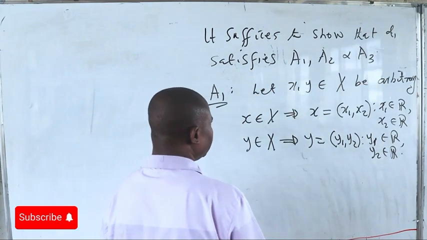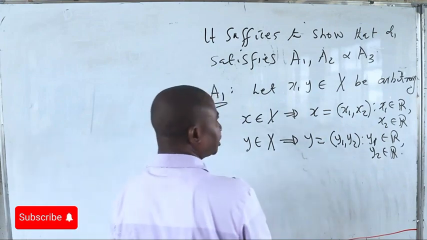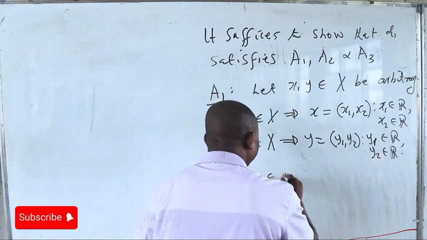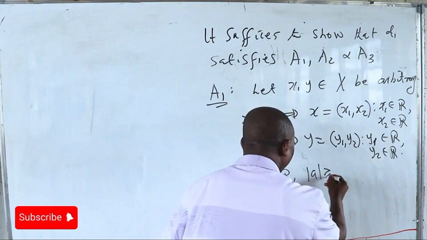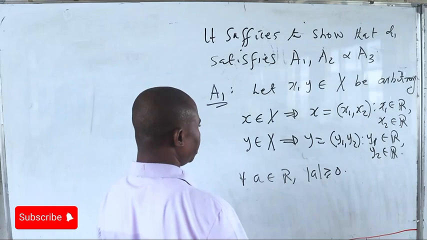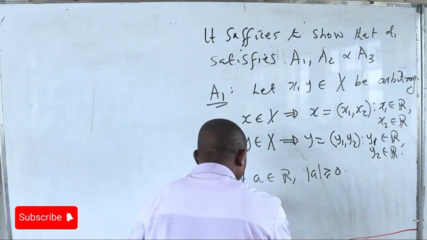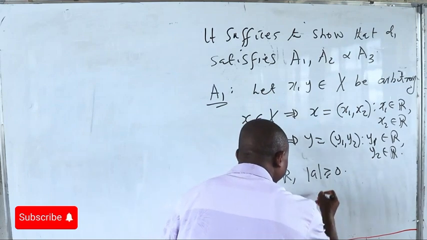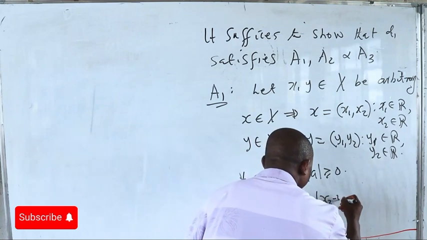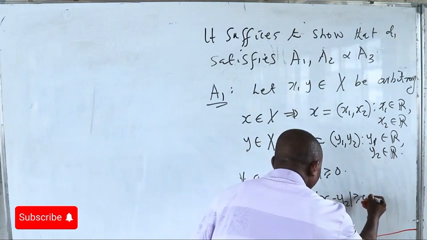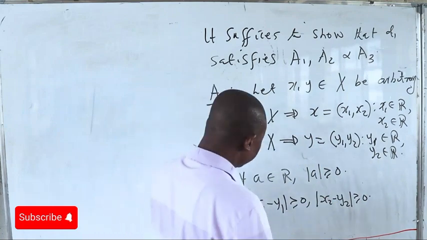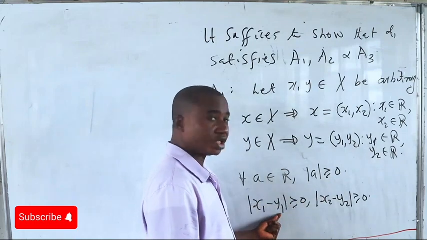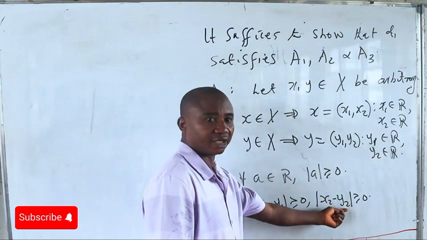Now, remember that for any real number a, the absolute value of a is always bigger than or equal to 0. So with this, we have that absolute value of x1 minus y1 is non-negative. Absolute value of x2 minus y2 is also non-negative, because x1 is a real number, x2 is also a real number, y1 is a real number and y2 is a real number.